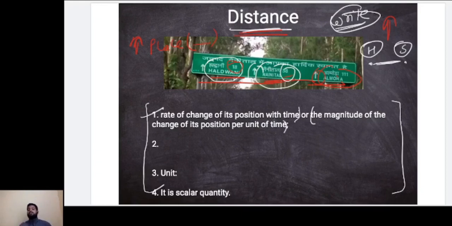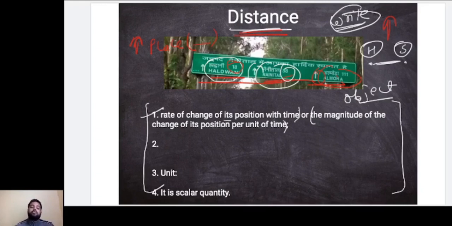Here, its position means the object we are talking about. Let's suppose you are going in your car. If I ask you what distance your car is traveling, or how much distance you are going to travel, the definition is that distance is the rate of change of position with time.